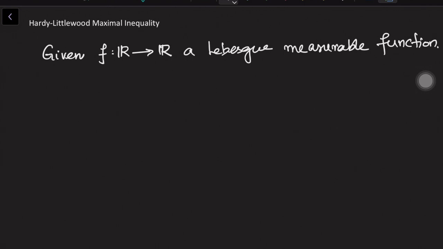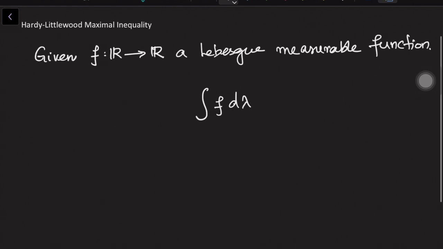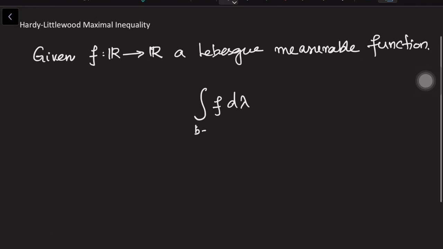Consider a point b, where we define it as this. Look at the integration of this f, the lambda. I am using lambda for Lebesgue measure. I am looking at the Lebesgue measurable function, and I am defining the Hardy-Littlewood maximal function at the point b. So look at b minus t and b plus t.